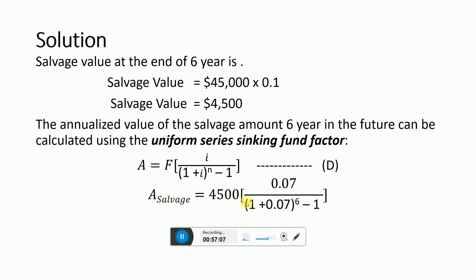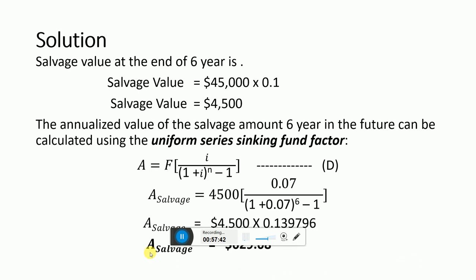So we just have to simplify this equation. By simplifying this part, we get 0.1397. We can multiply it with the 4500, so we get $629.02. This is the annualized salvage value for 6 years.